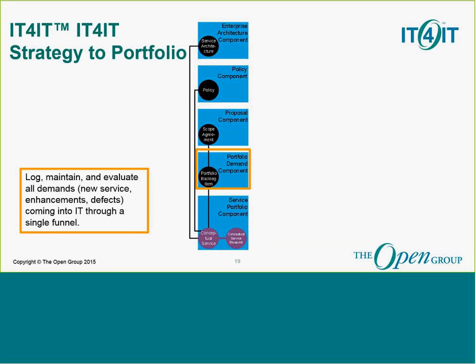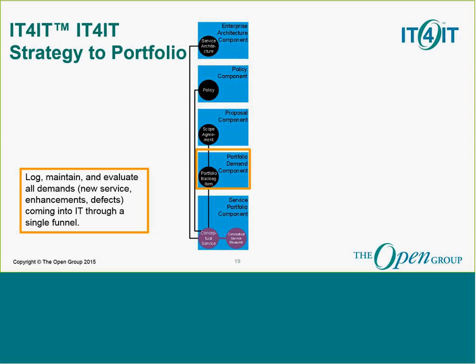So the demand component is where we log and maintain and evaluate all demand. It's really the single funnel where we get all that demand. So this could include project ideation, service requests, incident management, improvement, the sources from all over the organization.